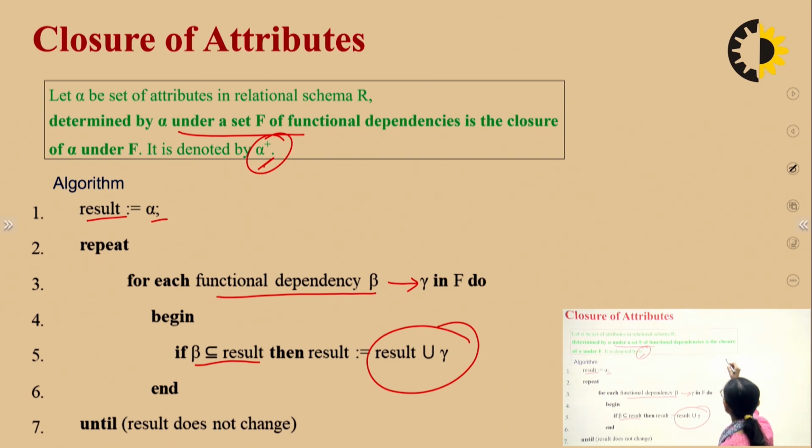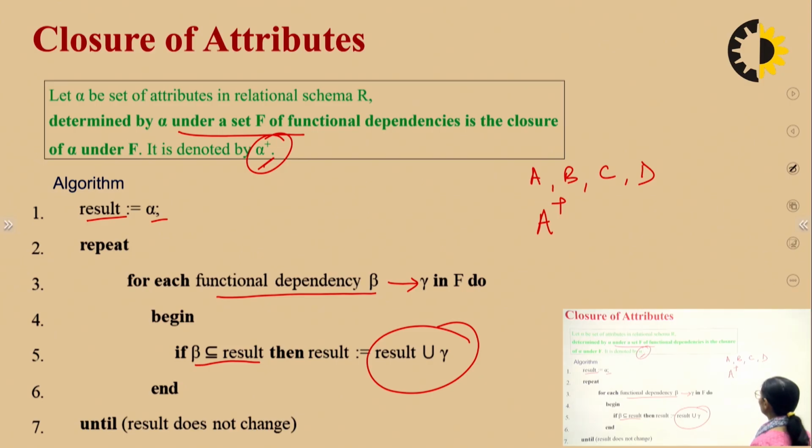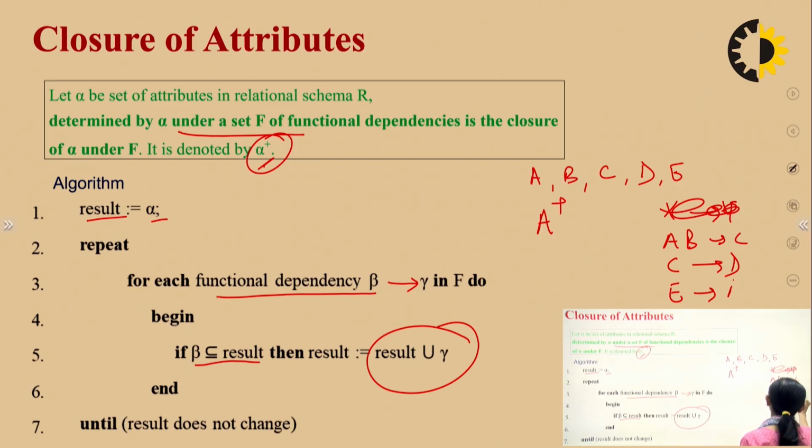Suppose we are having attributes A, B, C and D, and I need to find the closure of attribute A, and I am having some FDs, for example X tends to Y, then AB tends to C, then C tends to D, then suppose we are having another FD, E tends to B, and so on.